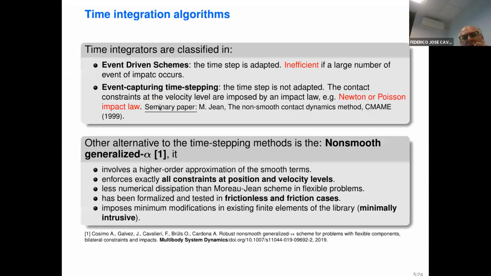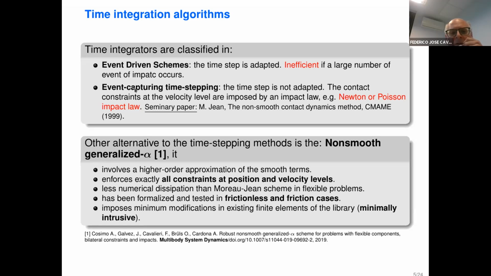So time integration algorithms can be classified in two big groups. The first one is the event-driven scheme, where the time step is adapted, so the time step is variable. In general, efficiency depends on the number of impact events that occur.